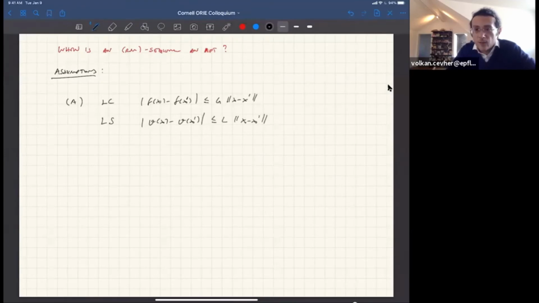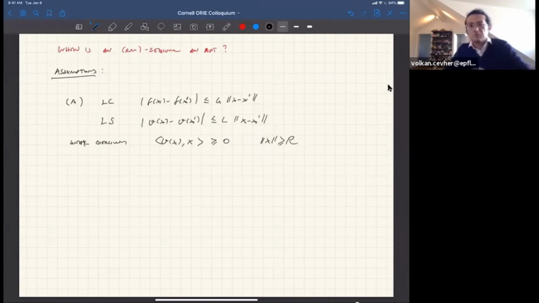And then we're going to assume something called weak coercivity, meaning that the problem is somewhat proper when you are outside some boundaries. This is to avoid certain pathological cases. So this is Lipschitz continuity, Lipschitz smoothness, and weak coercivity.